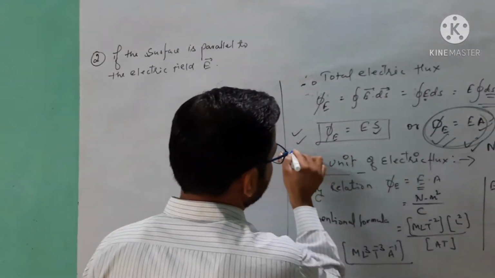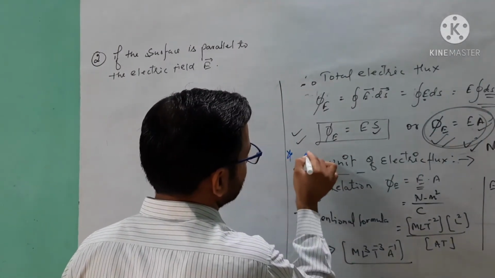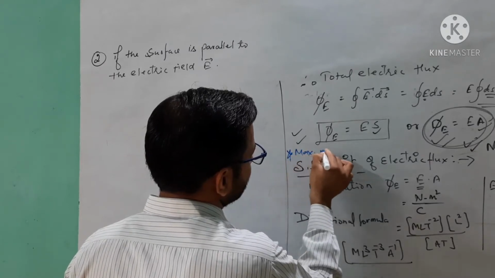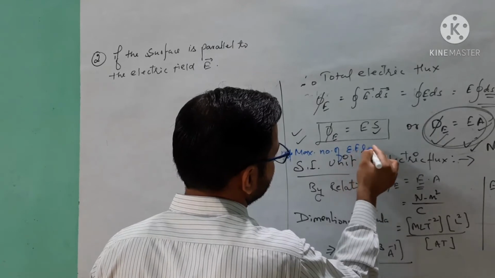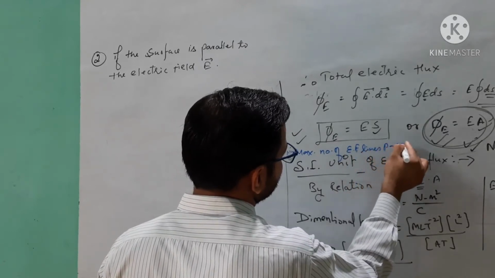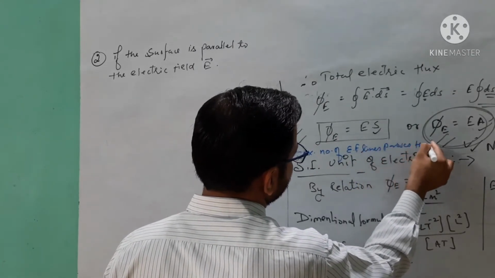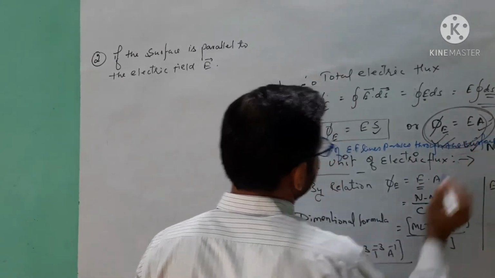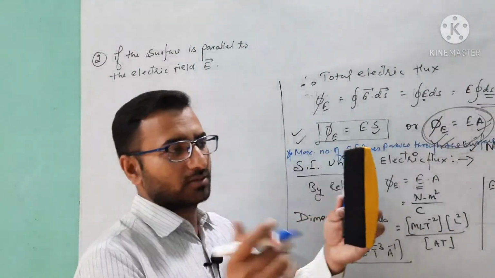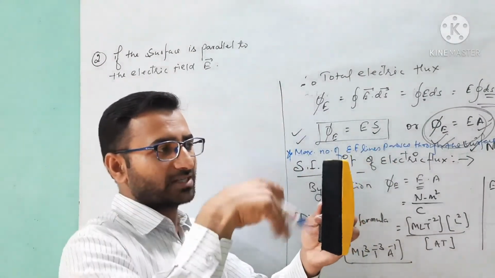We can add one thing, star: the maximum number of electric field lines passes through the surface, as I have shown you when I put this surface perpendicular to it, the maximum number of lines.